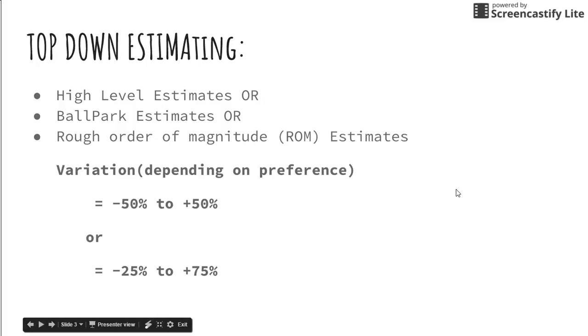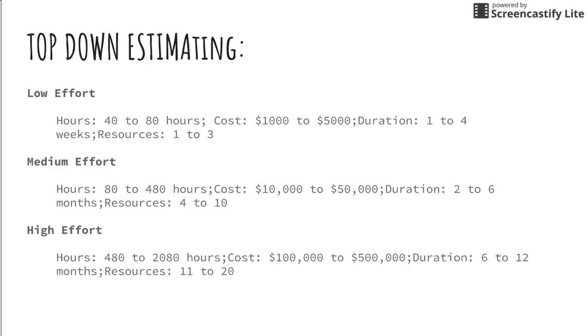And what you get out of this will help you estimate the cost, time, or resources. Suppose your project falls under any of these three categories: low effort, medium effort, or high effort.